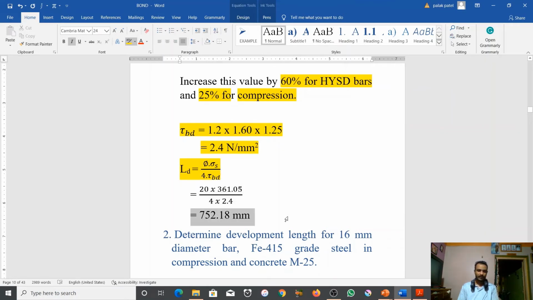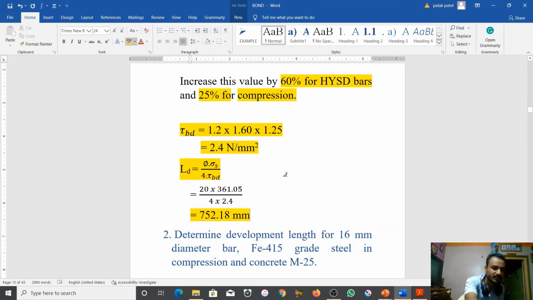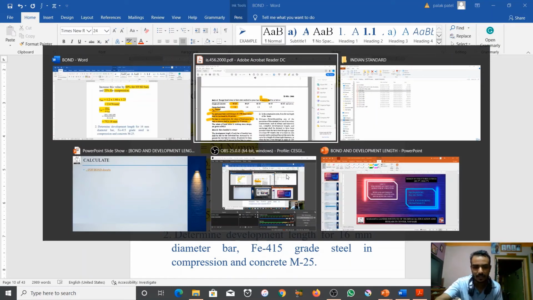We got the development length as 752.80. Understood? Okay, so your example is completed. This is the development length.